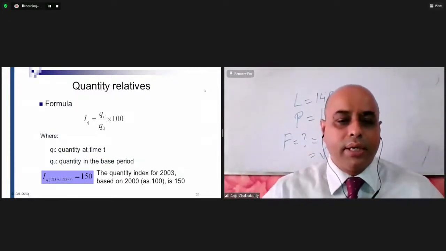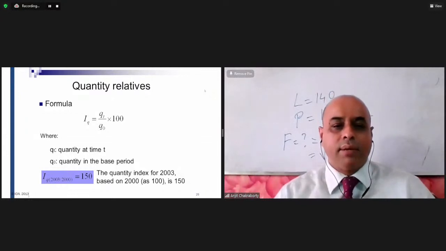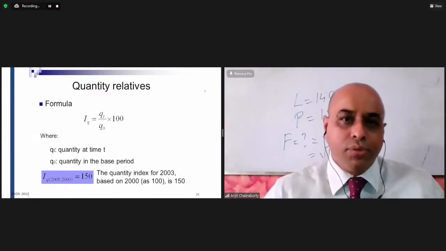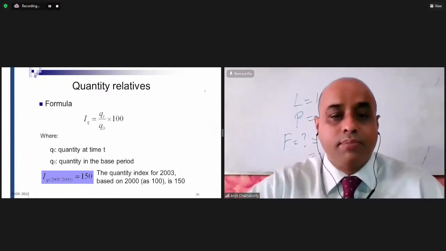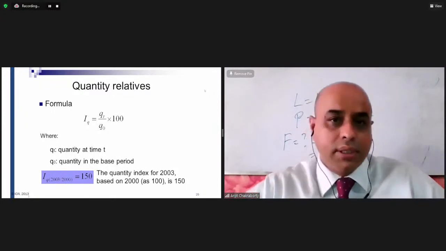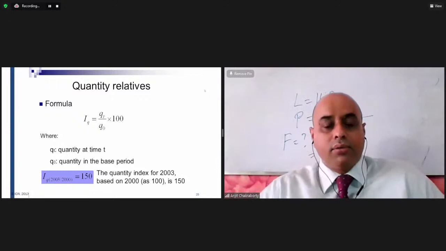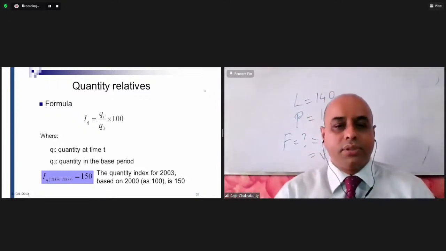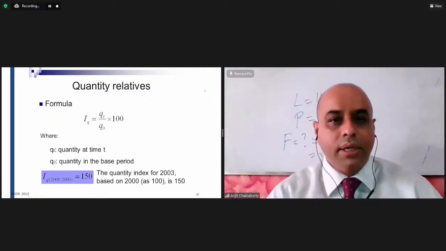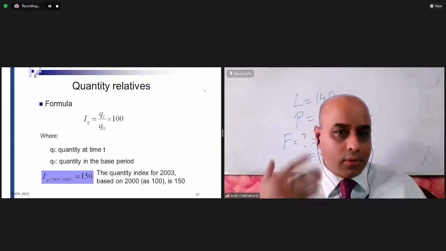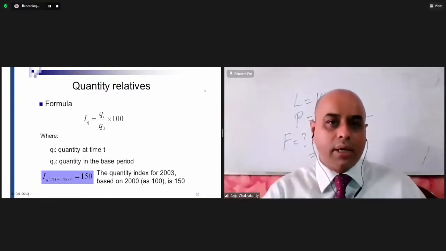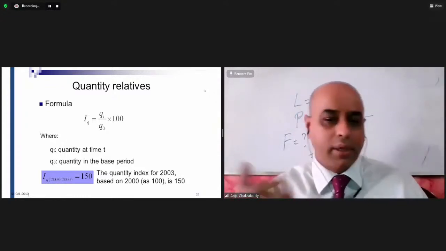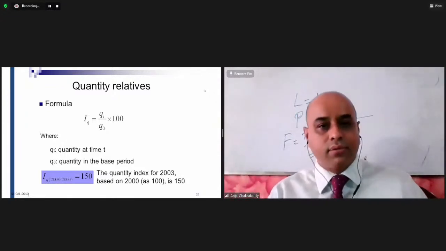If we take 2000 as the base year, and in 2000, for example, the quantity used is 100, and in 2003, the quantity used is 150, then naturally the quantity relative or quantity index number is 150 by 100 into 100. So we are getting a quantity relative of 150.